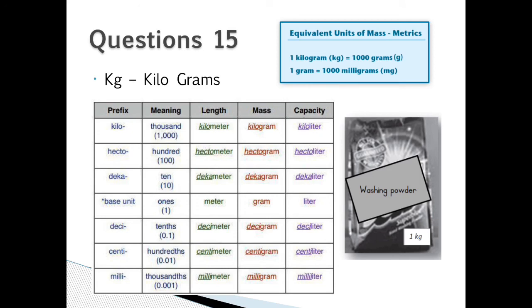Milli prefix means thousandth, which is 0.001, and your length will be a millimeter, your mass a milligram, and your capacity a milliliter. Your washing powder is measured in kgs, which is kilograms. It's also important to know your equivalent units of mass. So 1 kilogram is equal to 1,000 grams, and 1 gram is equal to 1,000 milligrams.